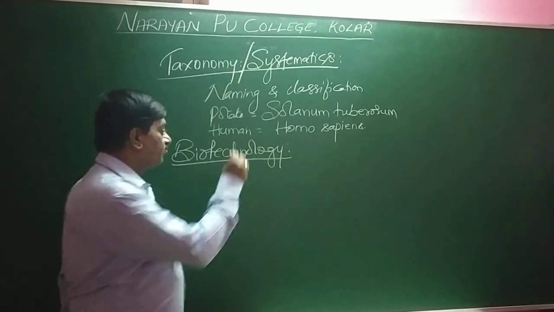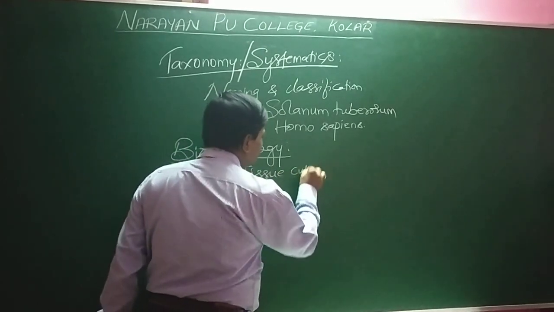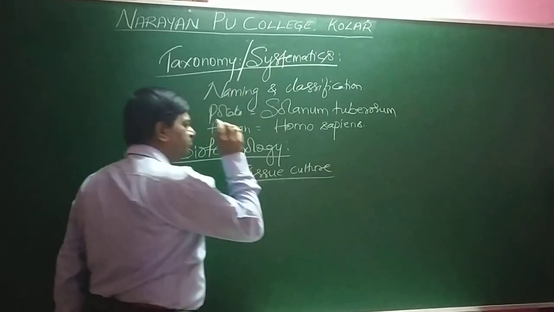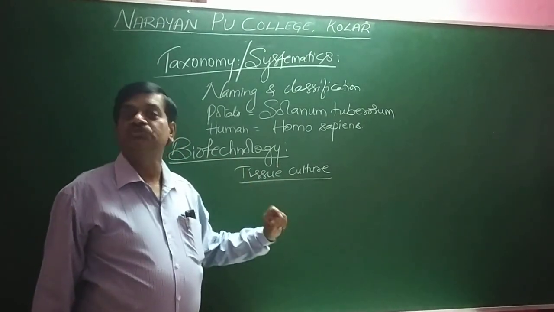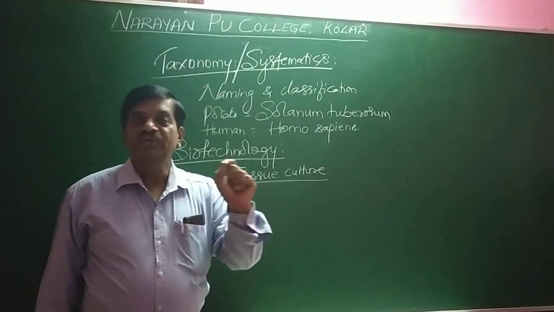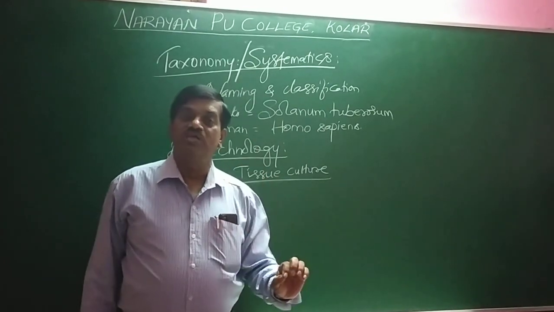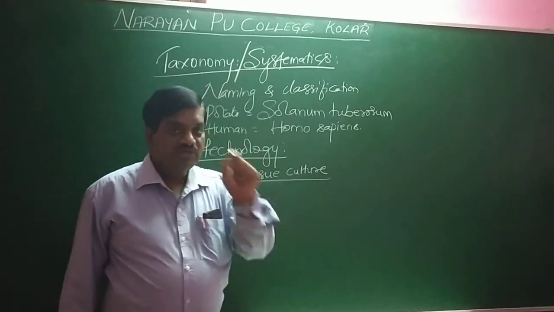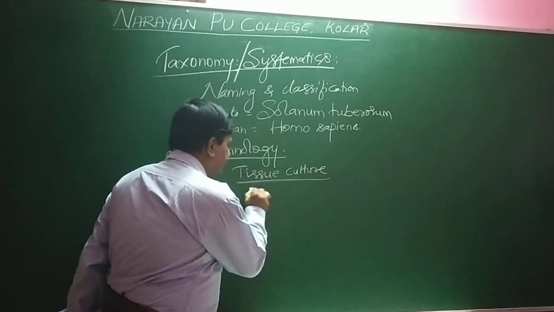For example, under biotechnology, there is a word tissue culture. The meaning of tissue culture: by taking a piece of a plant body, it may be any part of a plant body, a small piece of a plant body called an explant.